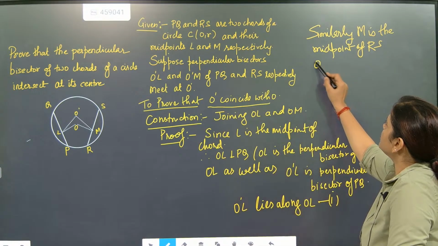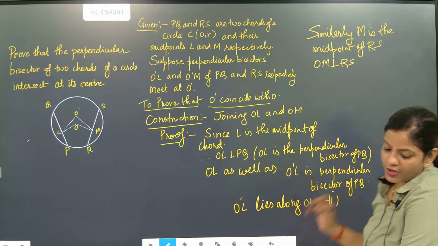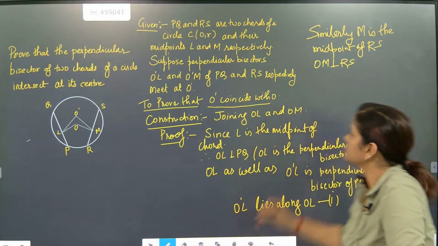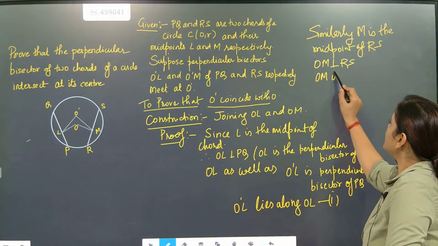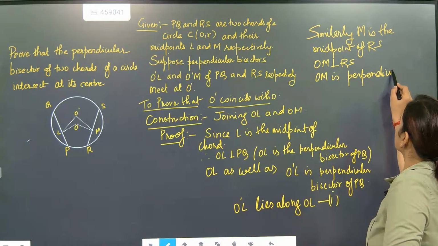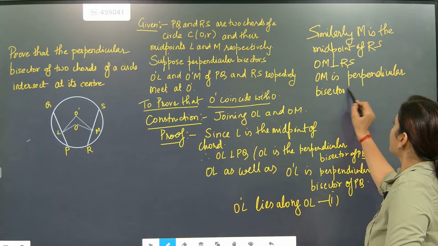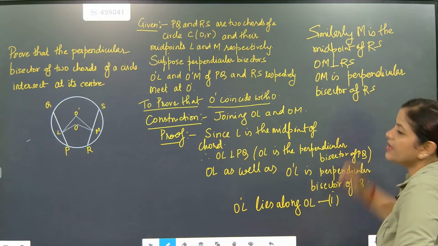So OM is perpendicular to RS. That means OM is the perpendicular bisector of RS.